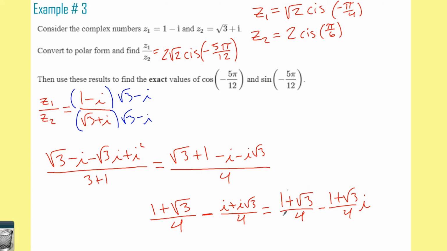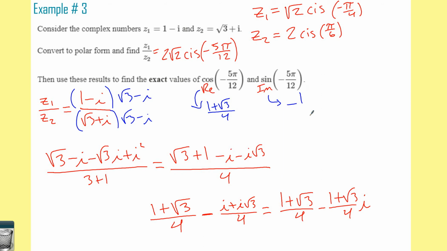So now we've got the real part and the imaginary part. Hopefully you remember that cosine was the real part and sine was the imaginary part. So the exact value of cosine is actually 1 plus the square root of 3 over 4, and the exact value of sine is negative 1.